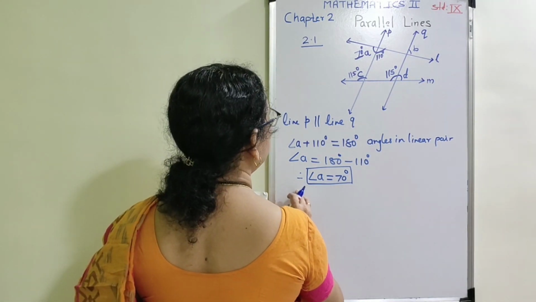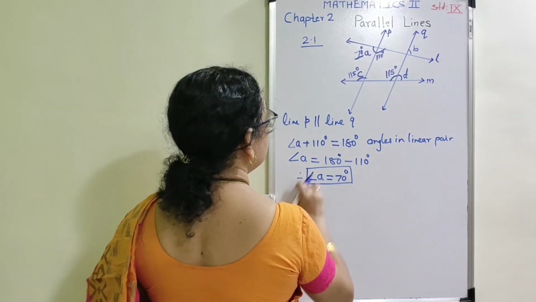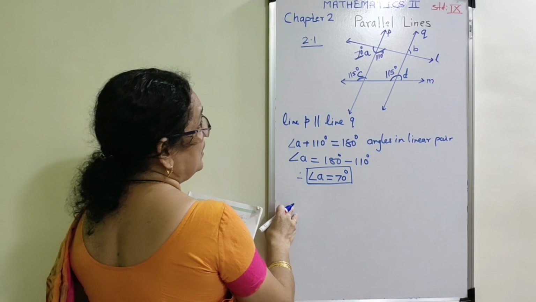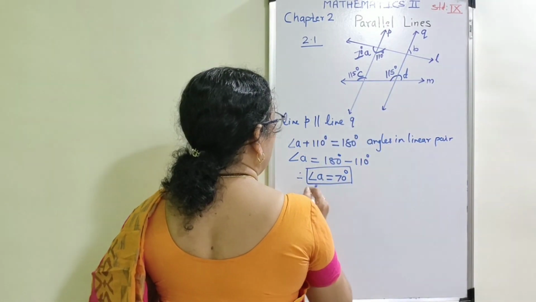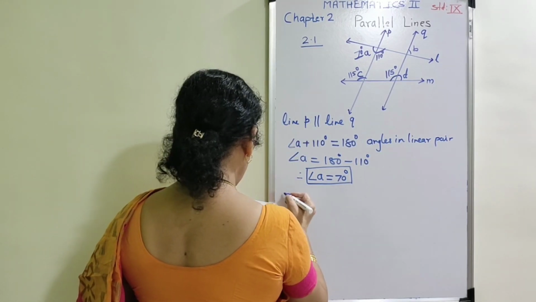Now also, second thing, we have used the next property for A and C. Since line P is parallel to line Q, I have taken it.